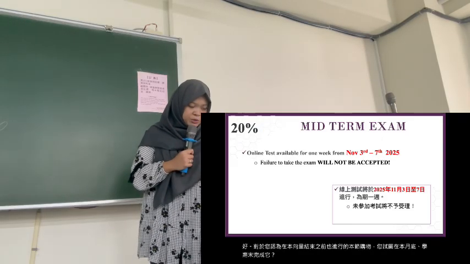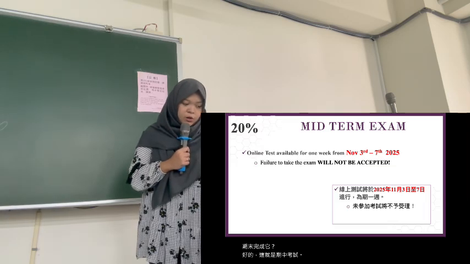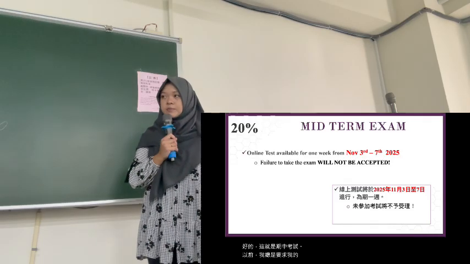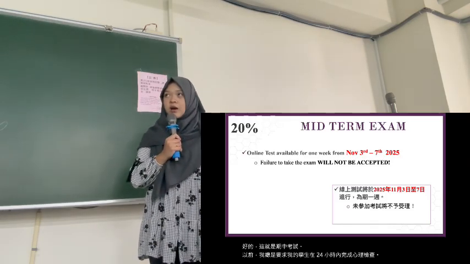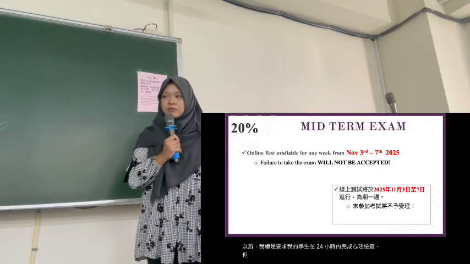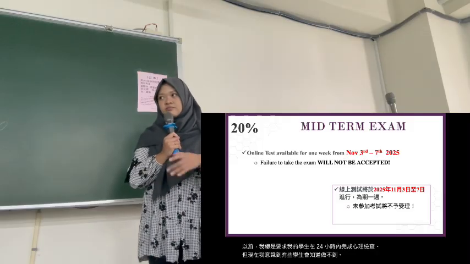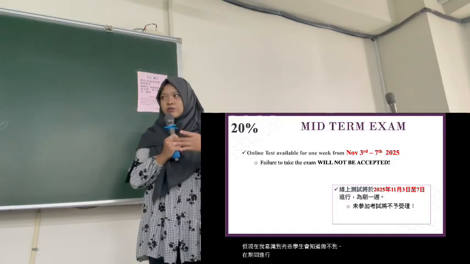So this is the midterm exam. Previously, I always asked my students to complete the midterm exams in 24 hours. But now I realize that some of the students won't be able to do the exam during the 24 hours.